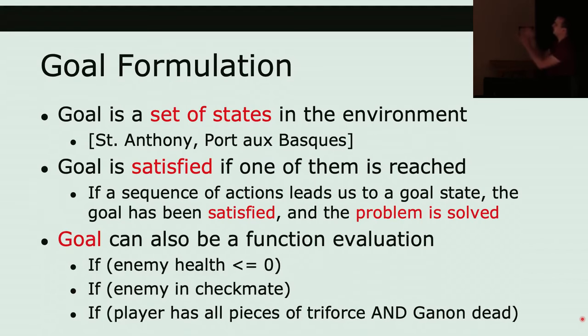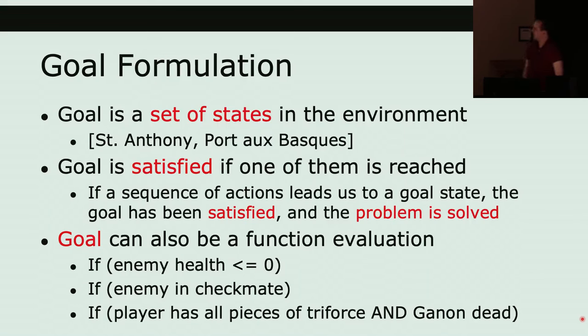But in this case, the goal is one of a state that may be many states in a set of goal states, but in general, the goal can also be a function evaluation, right? This is the easiest possible case where it's just pick one of these possible states, and if we're there, then it's satisfied. But it could be, for example, in a video game, if the enemy health is less than or equal to 0, meaning you've killed the final boss or something.